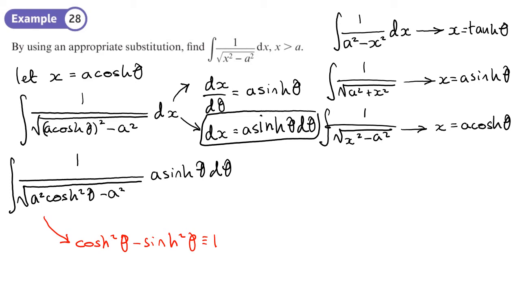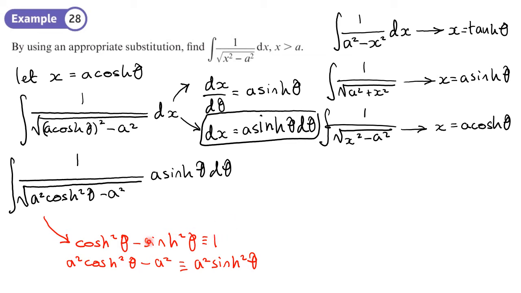So I could rearrange that, and if I multiply everything by a squared as well, I'll get a squared cosh squared theta, and I'll bring the 1 across, so I'll get a squared cosh squared theta minus a squared equals a squared sinh squared theta. So all I've done is use this identity here.